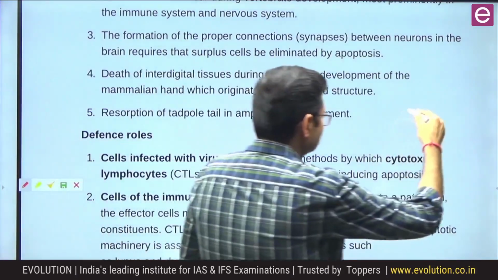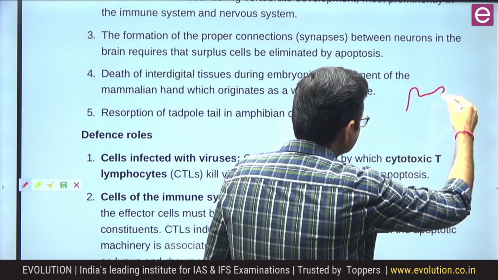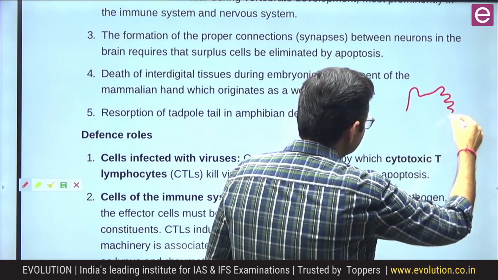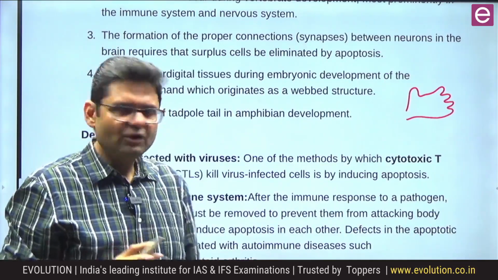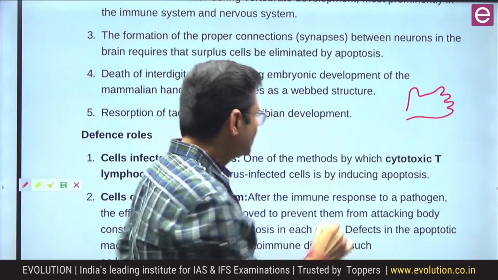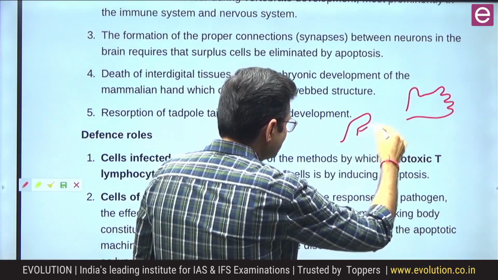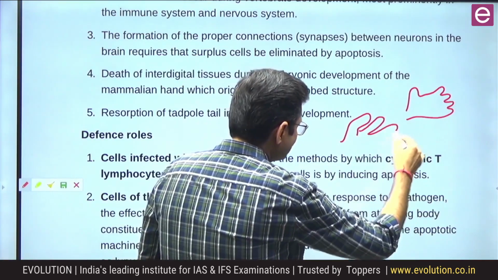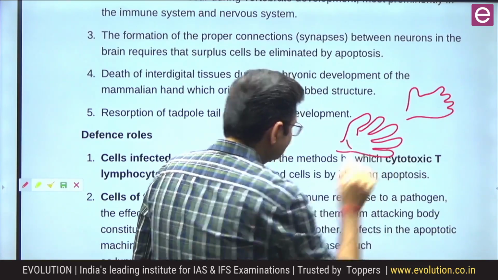So the embryonic hand, very early during the fetal stages, looks like this. And then it looks like this.